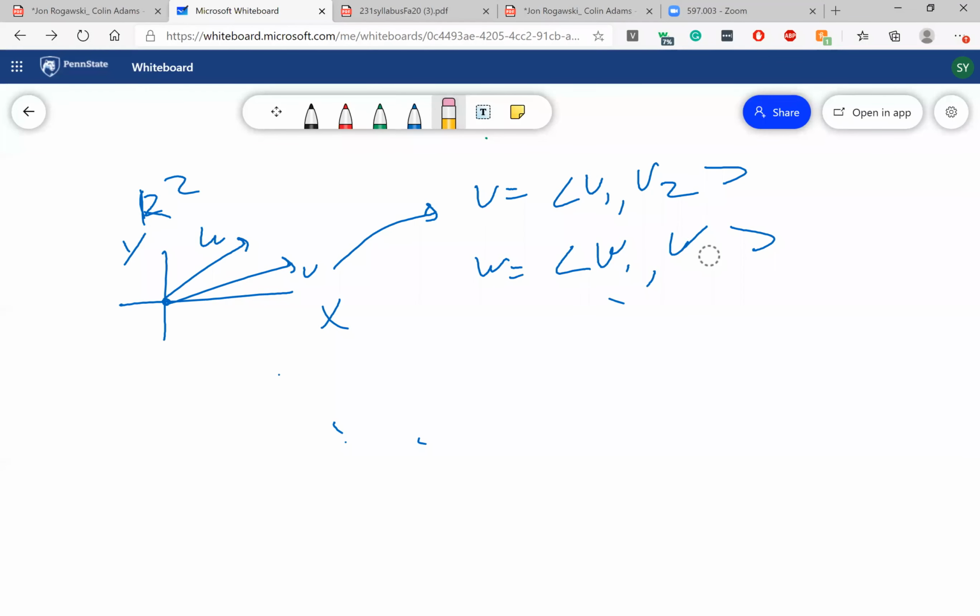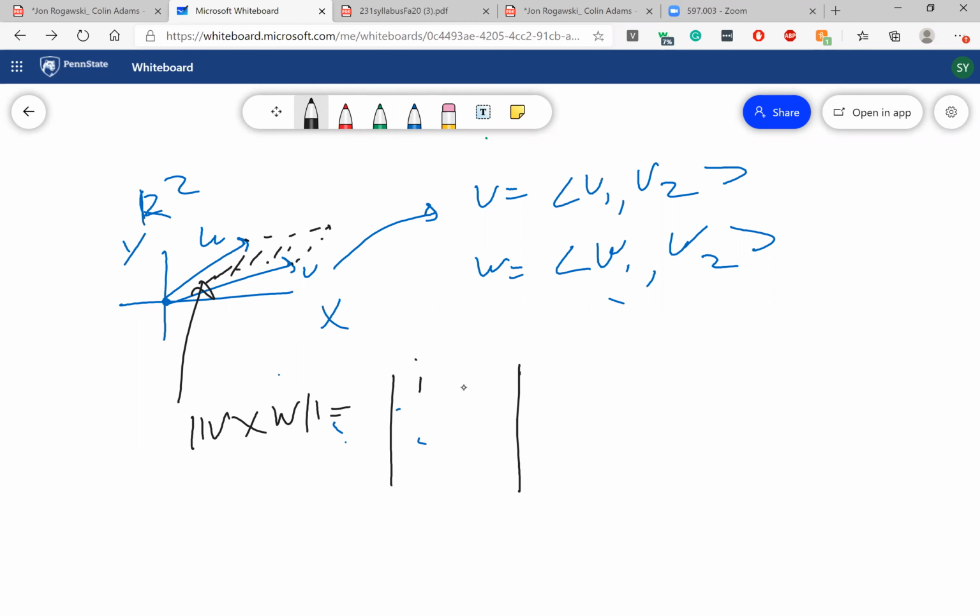If I ask you to find the area of the parallelogram created by these two vectors, and you try to use the formula we've been using until now, you might say the area is equal to the magnitude of v cross w, which is the determinant with rows i, j, k, and then over here we only have two components, v1 and v2, so what goes here? And over here, same thing, w1, w2, so what goes here?